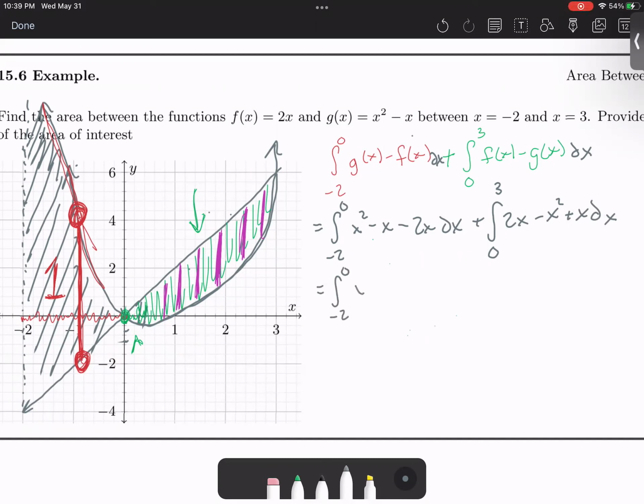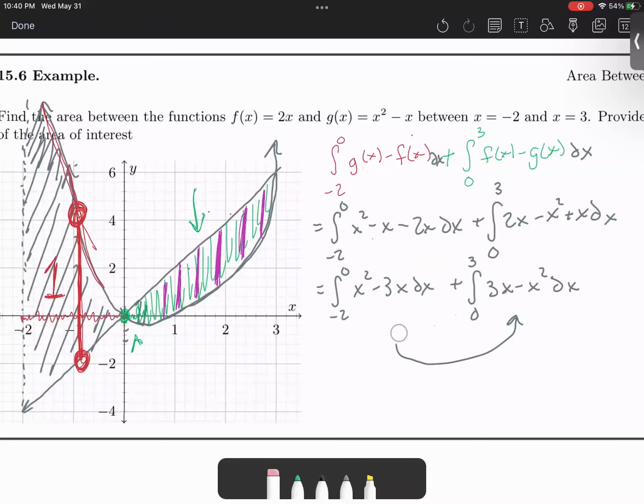All right, so we get x squared minus 3x. And we get 3x minus x squared. Oh, it makes sense that we got the negative of each other because we just switched the order, f of x minus g of x or g of x minus f of x.